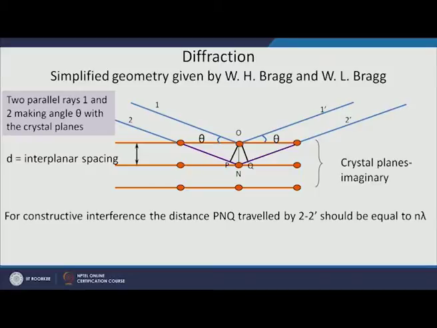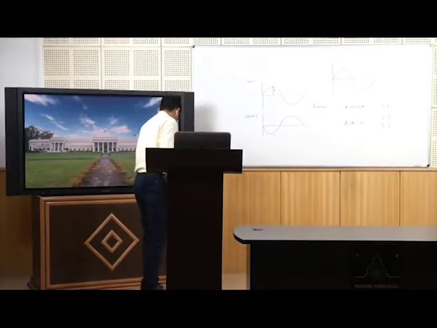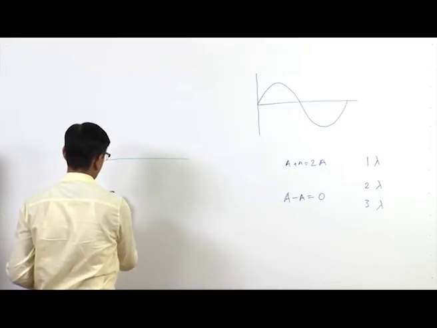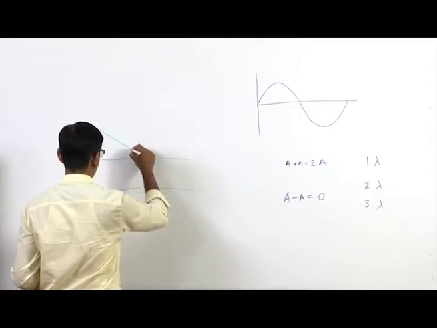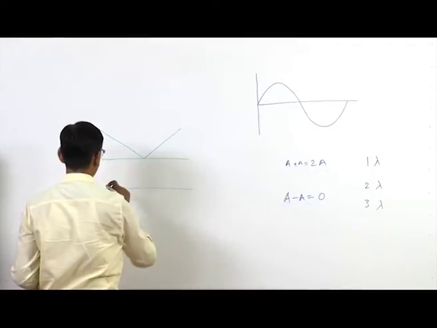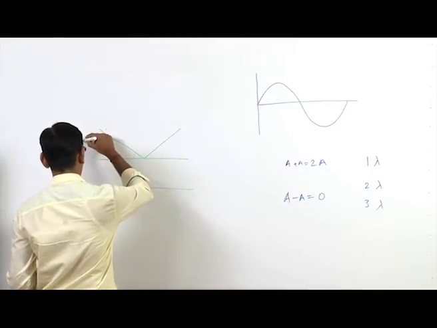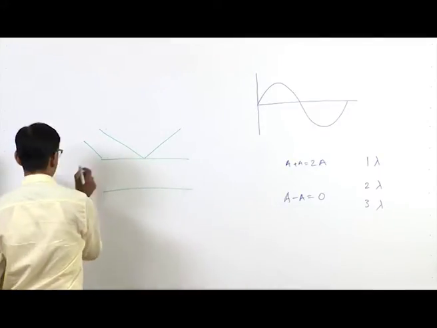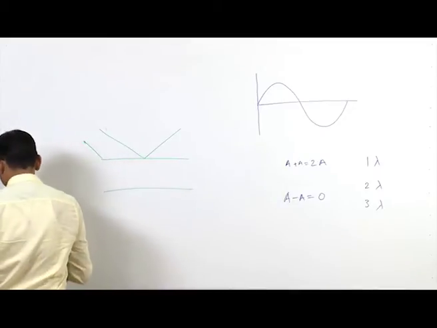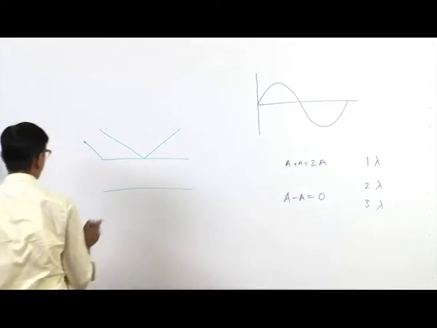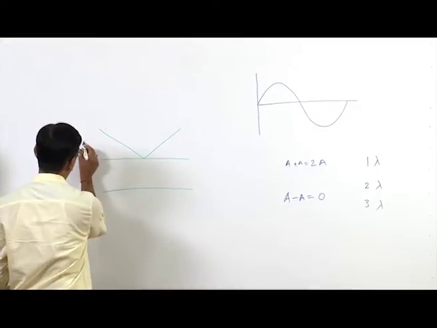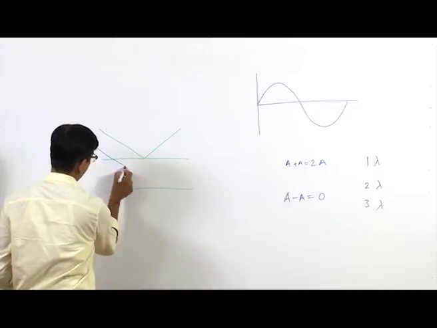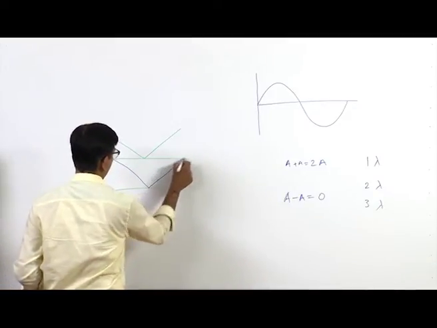So, if I want to do some simple mathematics here, the first ray is coming like this and going like this, and the second ray, which is parallel to this and in phase, is going like this.